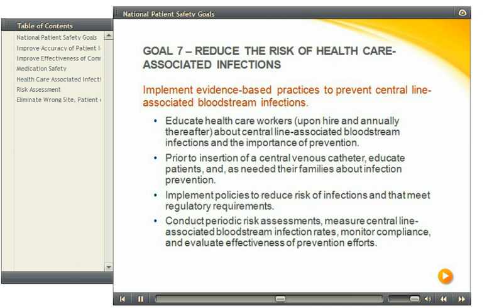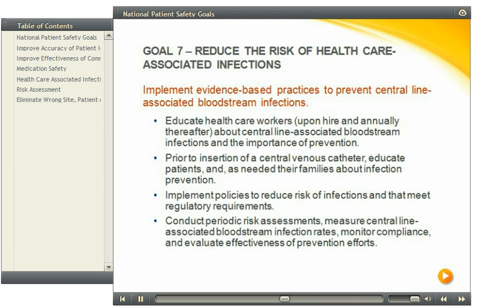Implement evidence-based practices to prevent central line-associated bloodstream infections. Educate healthcare workers, upon hire and annually thereafter, about central line-associated bloodstream infections and the importance of prevention. Prior to insertion of a central venous catheter, educate patients and, as needed, their families about infection prevention.